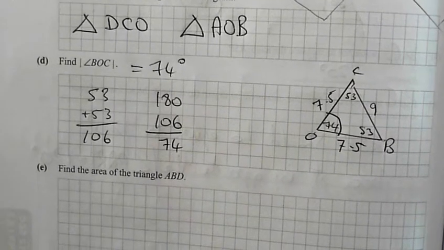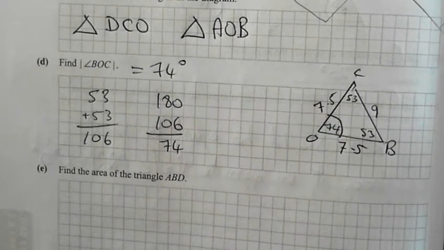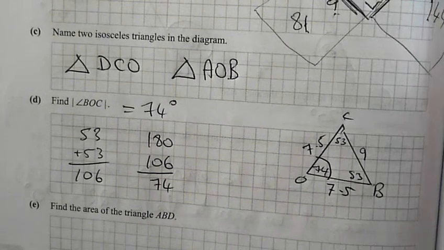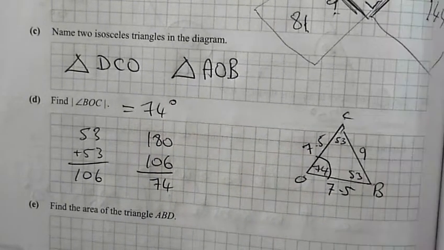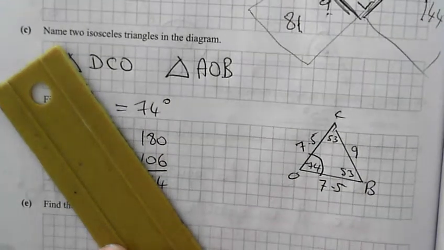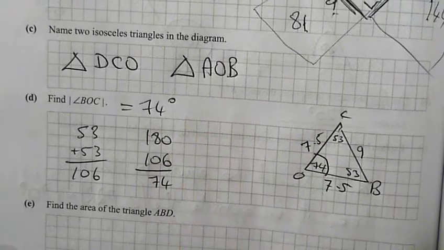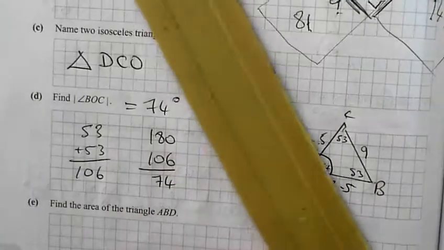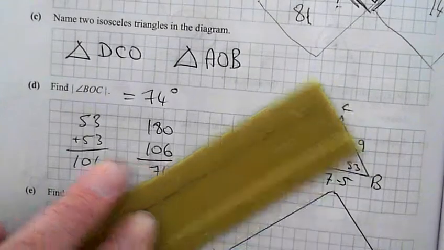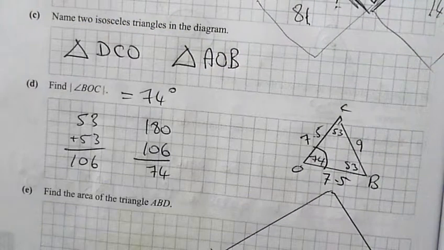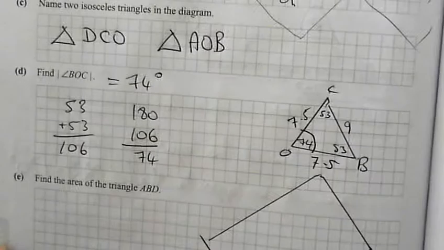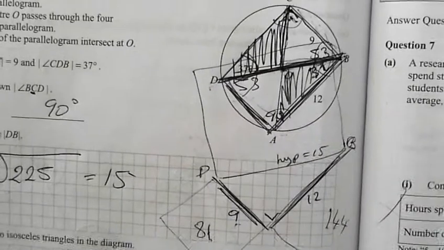Find the area of the triangle ABD. There's an easy way of doing this. What I'm going to do first is find the area of the full parallelogram.